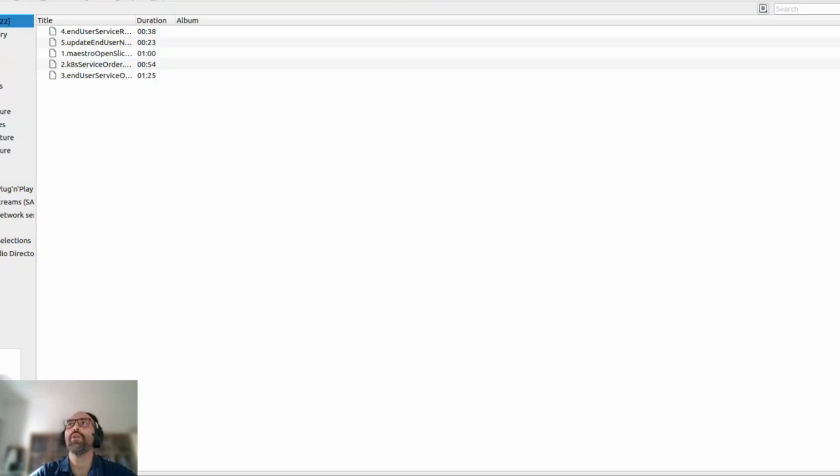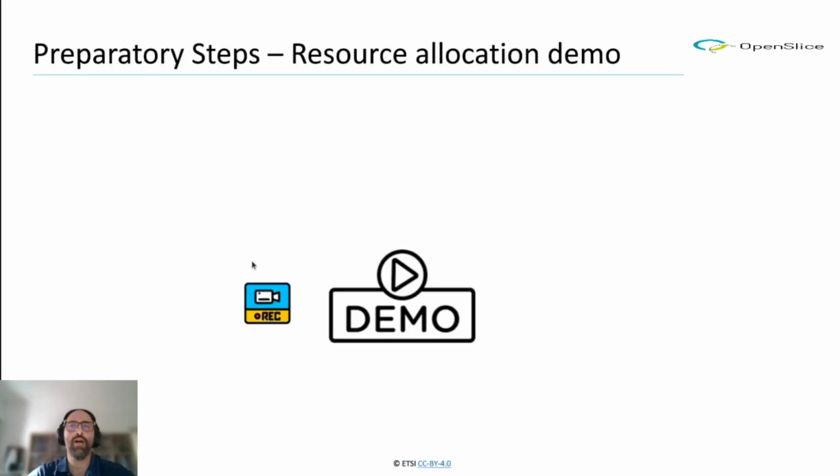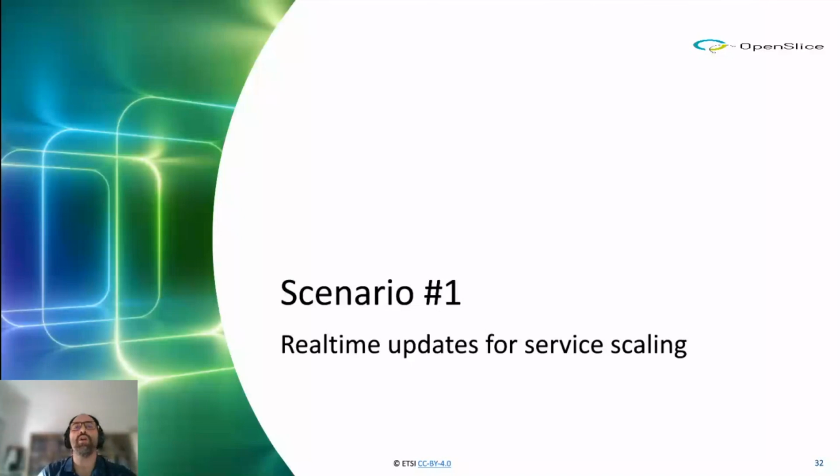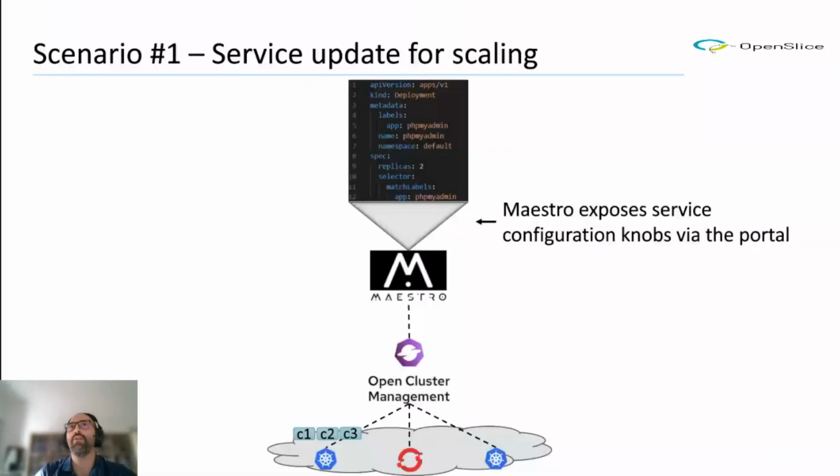Okay, now let's switch again to the presentation. We've reached the step that our service is available. It was deployed on the first cluster. Now, okay. Now we'll go to scenario number one, real-time updates for service scaling.